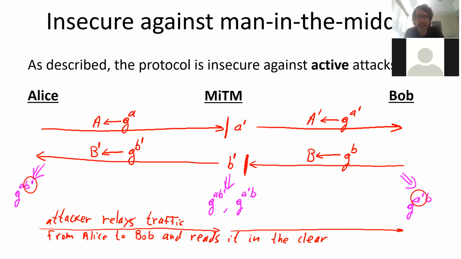Okay, perhaps we can use the key to MAC something. Perhaps this transcript. So authenticating this is okay. But how exactly should you authenticate this? Let's leave this as a question mark for now.